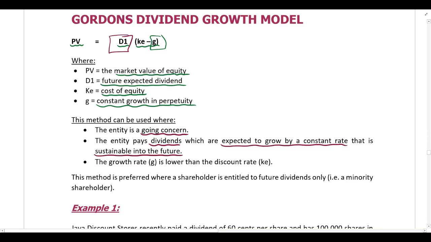And the growth rate must be lower than the discount rate. So your growth rate over here must be less than your cost of equity. And the reason for this is if the growth rate is more than the cost of equity, you are going to get a negative percentage over here, and then obviously the formula won't work.